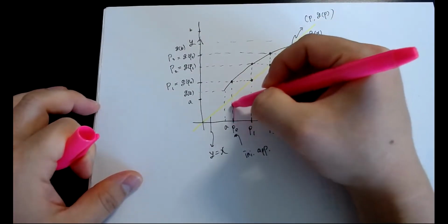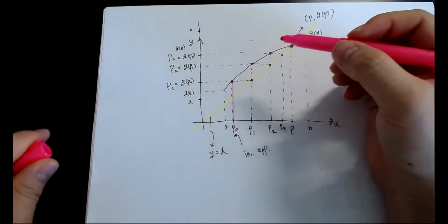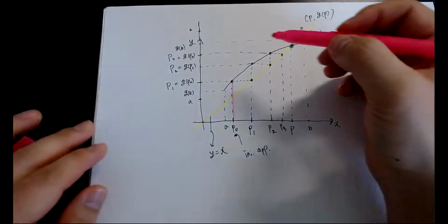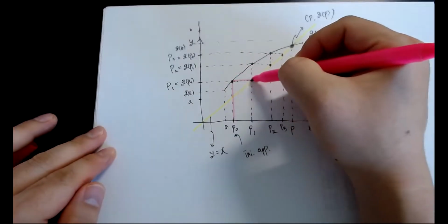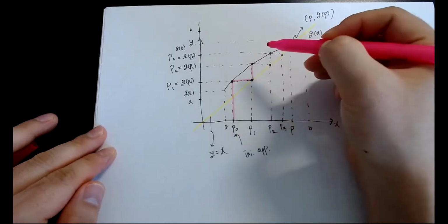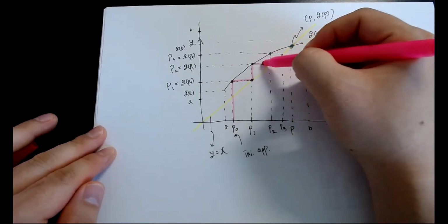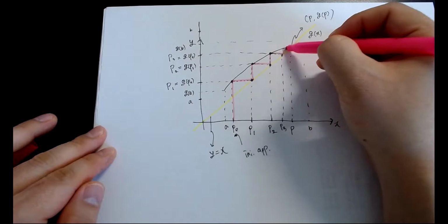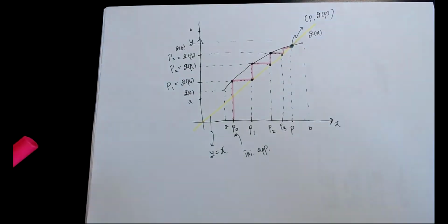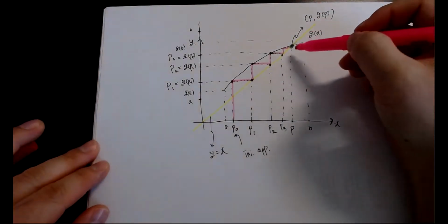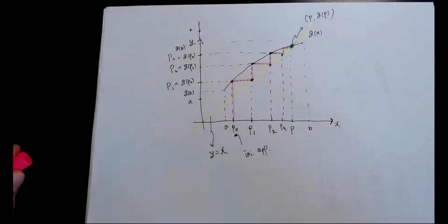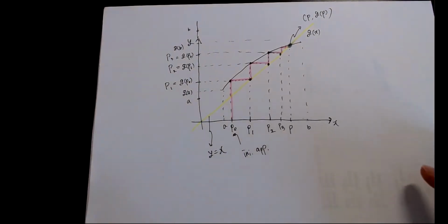Okay, so now you see the pattern starting from p0. By evaluating the function g at p0, we get p1, and then we evaluate function g at p1, and we get p2, and then p3, p4, p5. So now the sequence is approaching that point p, right? This is how the fixed point iteration method works.